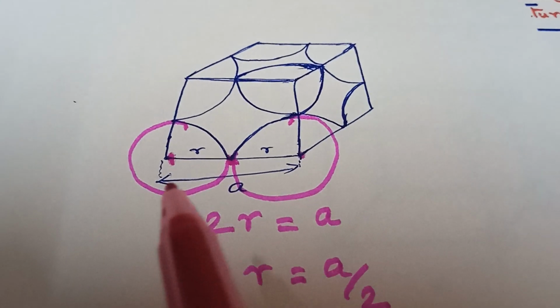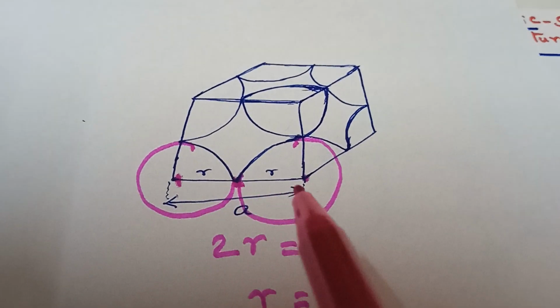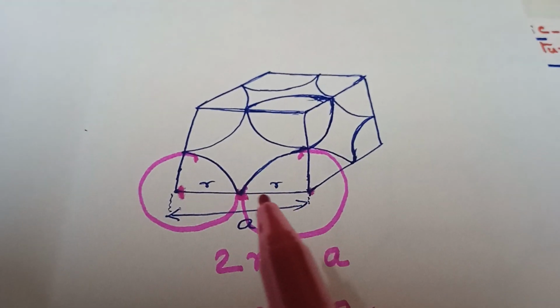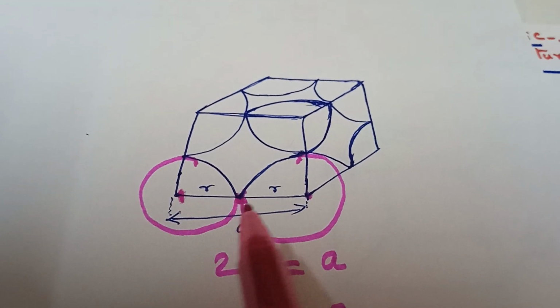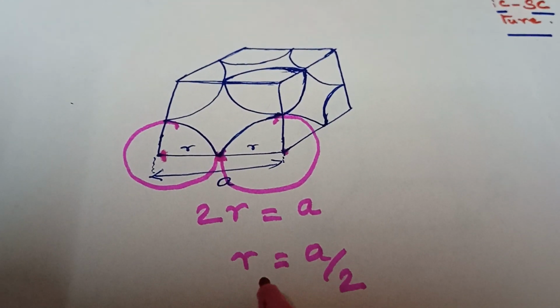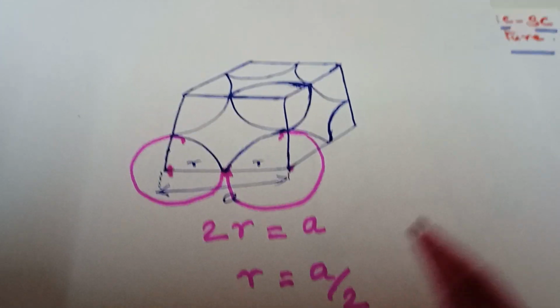That is, the distance between the centers of the two nearest neighboring atoms. Nearest neighboring atoms should have direct contact with each other. So, for simple cubic unit cell, the atomic radius is A by 2.